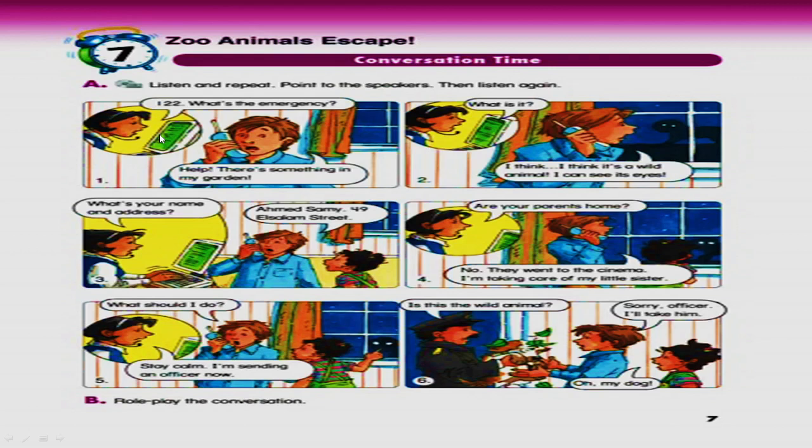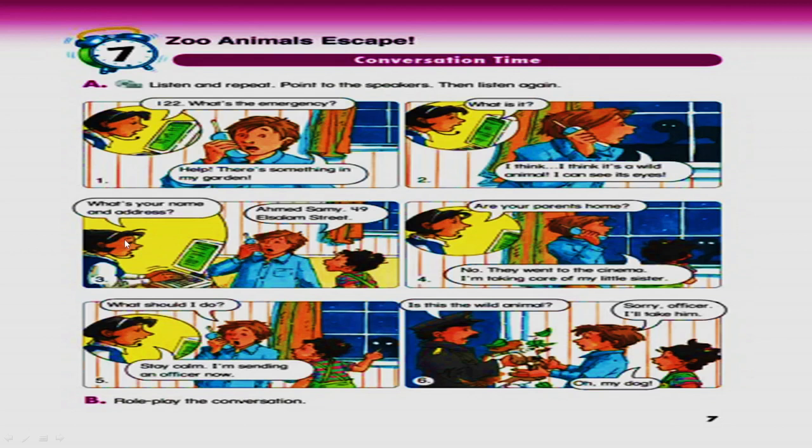Ahmed was taking care of his little sister, and suddenly he saw something in his garden. It looked like a wild animal, as you see here in the second picture. So immediately he called 122, the emergency service number in Egypt.